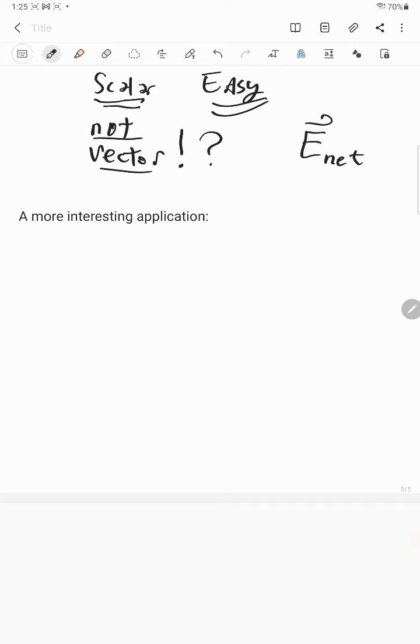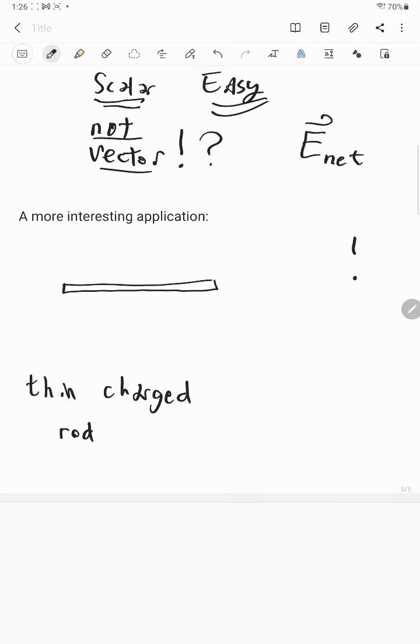What if I had a charged rod, right? So I have a thin charged rod, and then here is a location P, some distance away from the end of the charged rod, and for simplicity, let's only think in terms of the x direction for a second. So the charged rod is along the x direction.